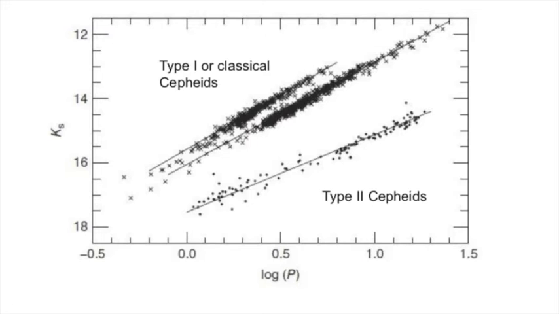Here is a modern version of Leavitt's relations, period luminosity relations for Cepheids in the Large Magellanic Cloud. We now know there are two types of Cepheids, the classical Cepheids and the type 2 Cepheids, the W Virginis stars. But you notice here that the classical Cepheids divide in two. There are two lines at the top for the classical Cepheids.